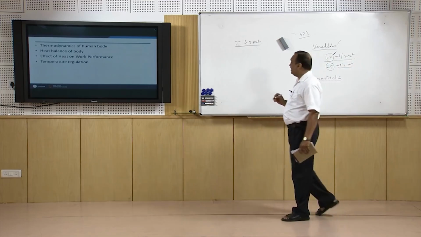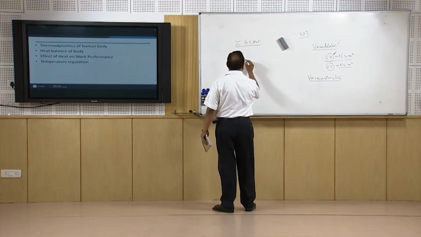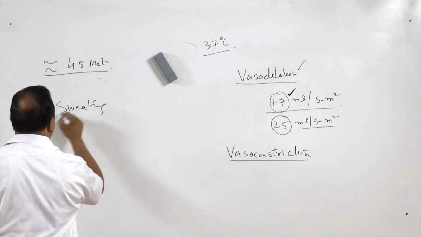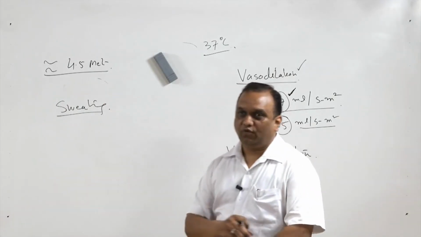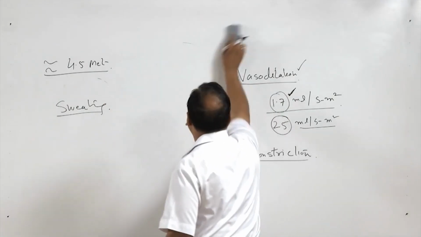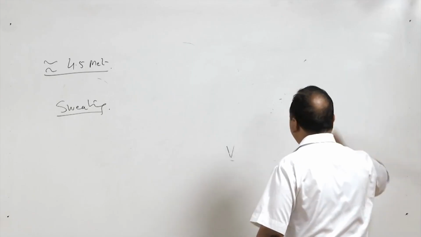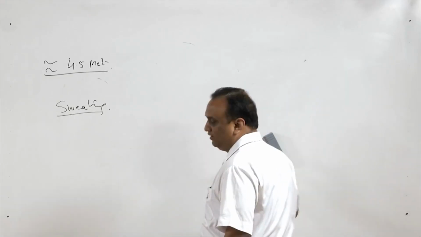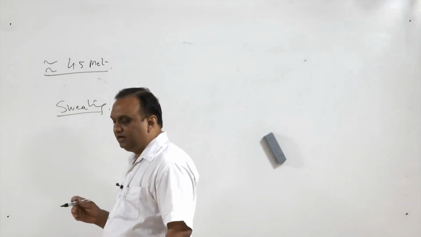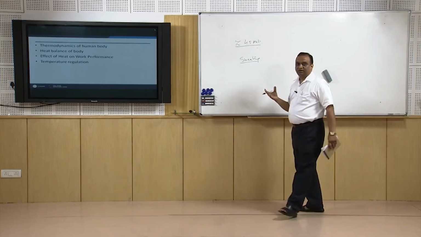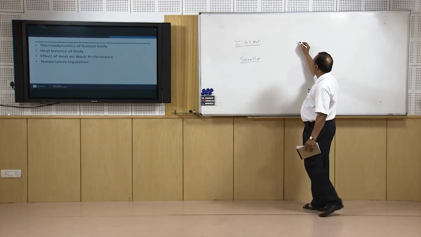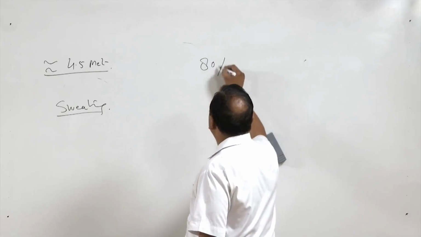Another mechanism is sweating. Evaporation of water from your skin causes a cooling effect. But in some cases, for example in a coastal climate, the outside air is humid, already at 80% relative humidity.